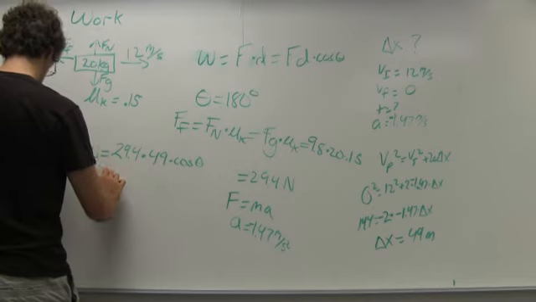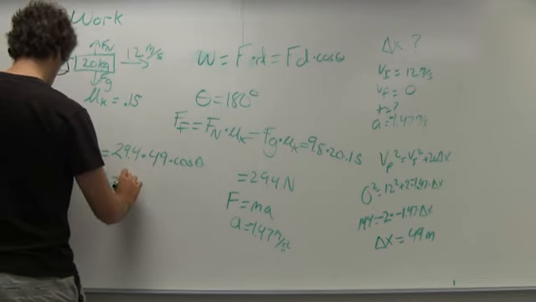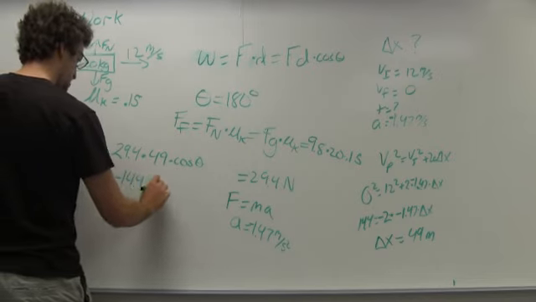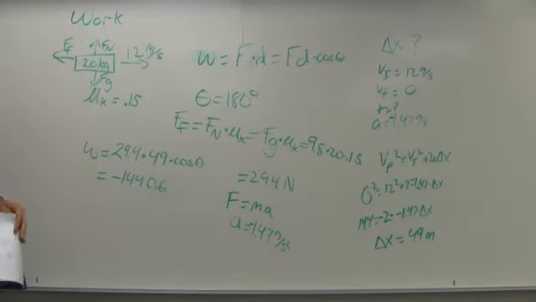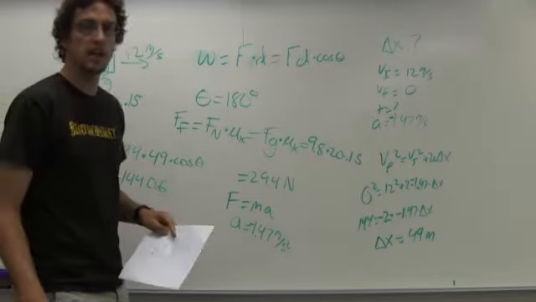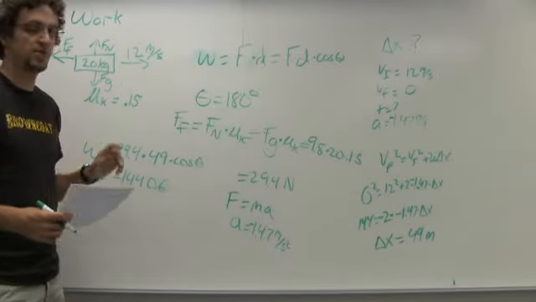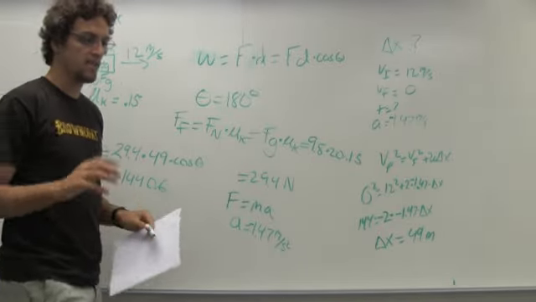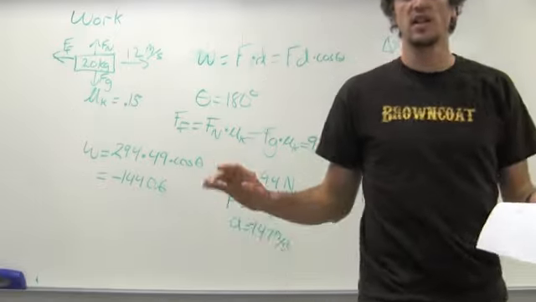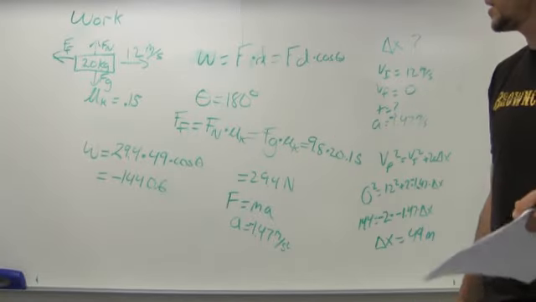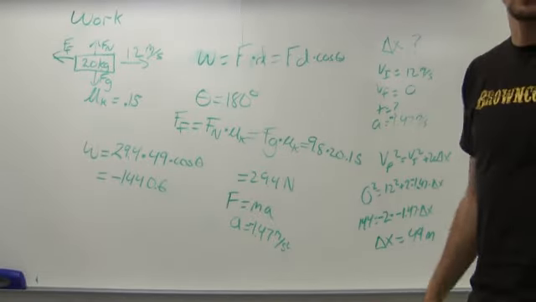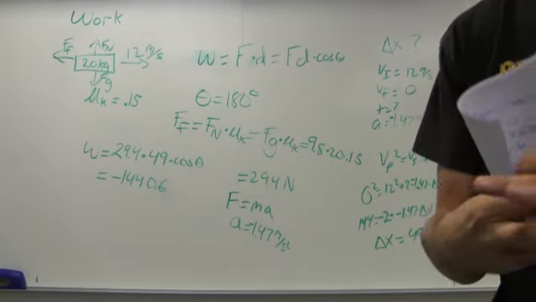And that's going to give us negative 1440.6. Right, and that is the work done on the object by the floor. Okay, as we move on, you'll see that this makes sense that it's negative because the block lost energy. All right, there you go.